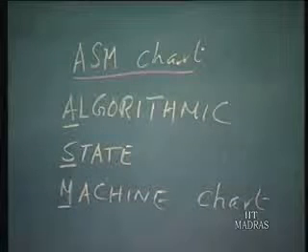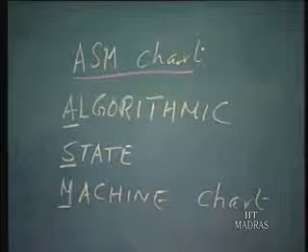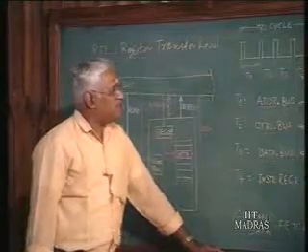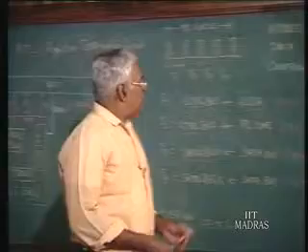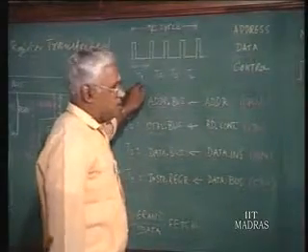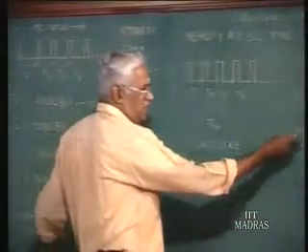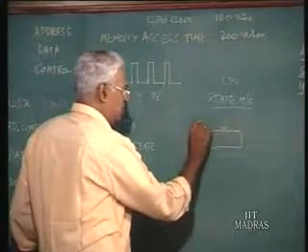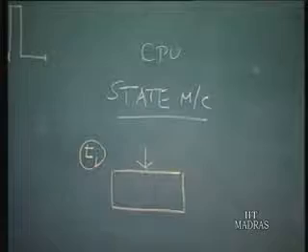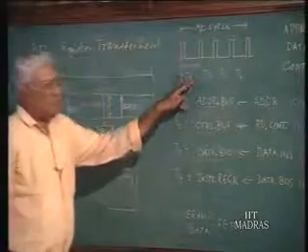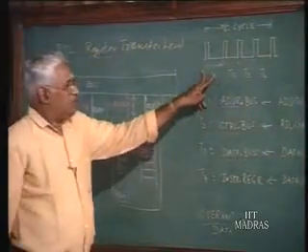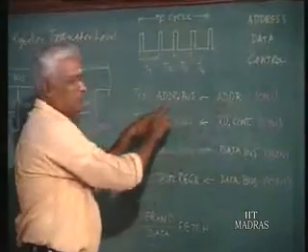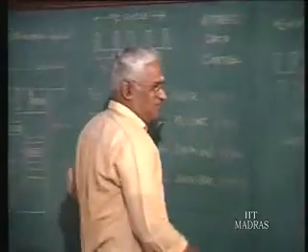So let us try to develop this ASM chart which I was introducing in the previous lecture. Now we just have to name the state. I will just name the state as T1, which corresponds to our first state T1. In state T1 a control signal address must be placed on the bus, that's what it is, right?